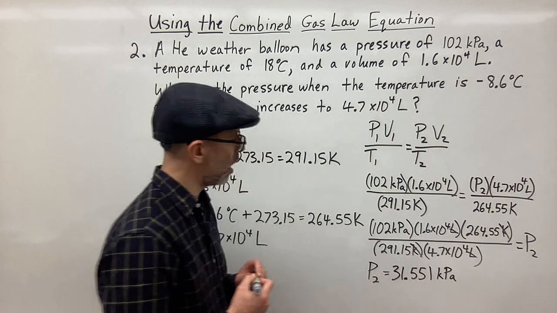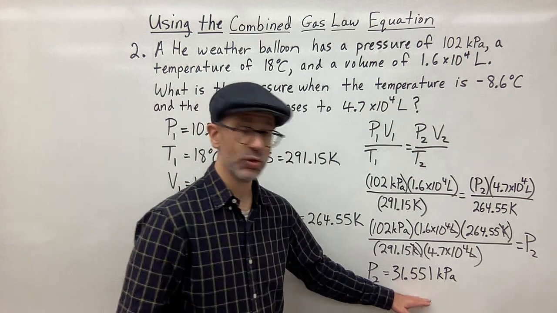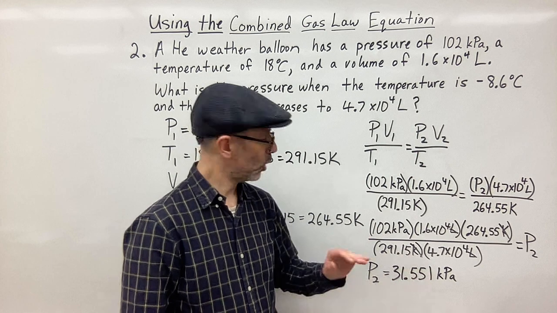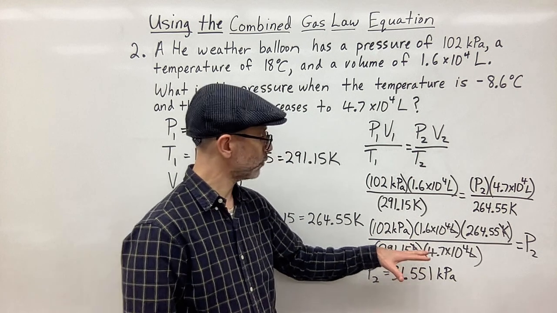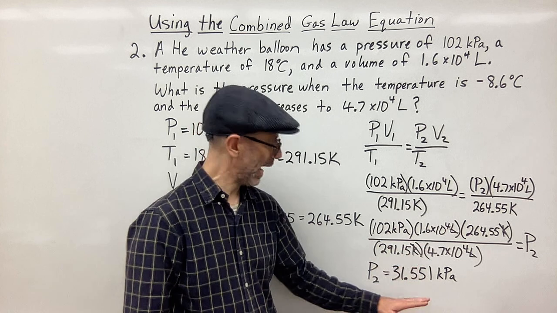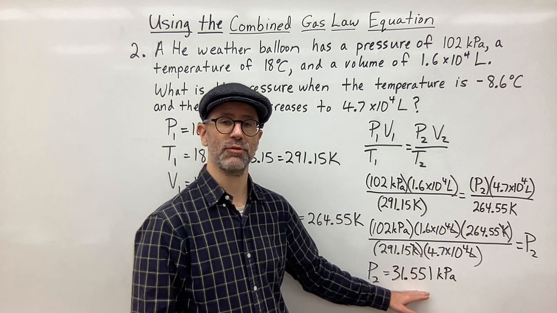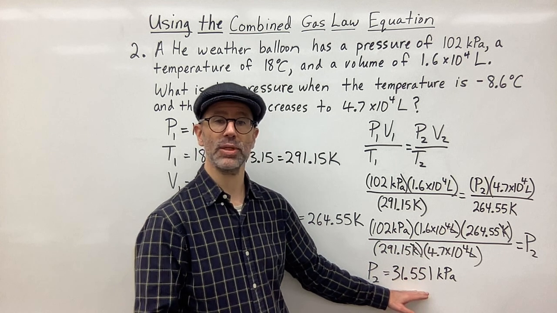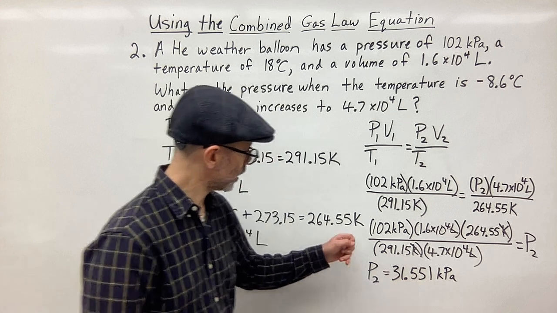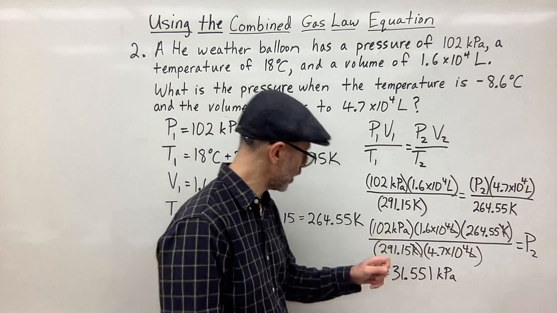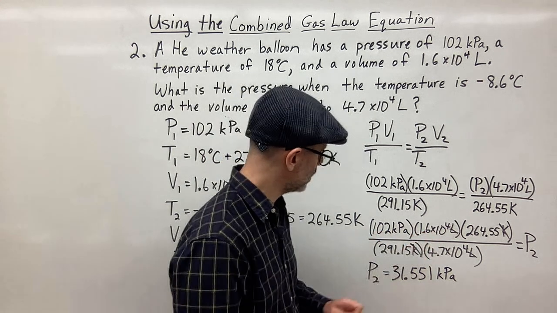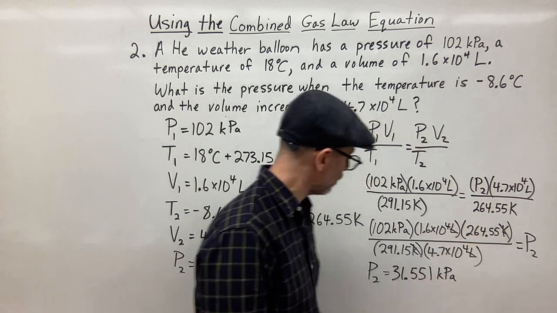And so let's talk about sig figs now. For those of you interested in sig figs, the rule for sig figs when you're multiplying and dividing is that your answer should have the same number of sig figs as the measurement with the least number of sig figs. So let's look at our measures. We have 3 sig figs here. We have 2 sig figs there. We have 5 here.